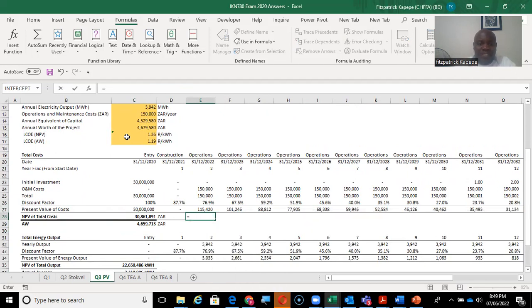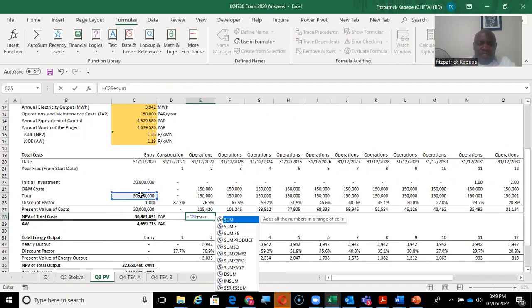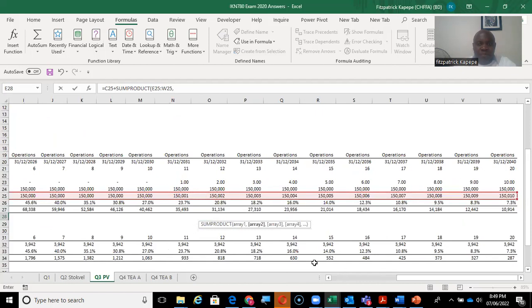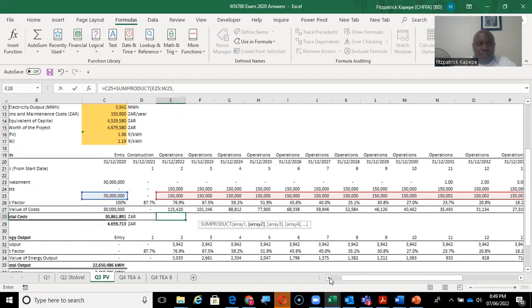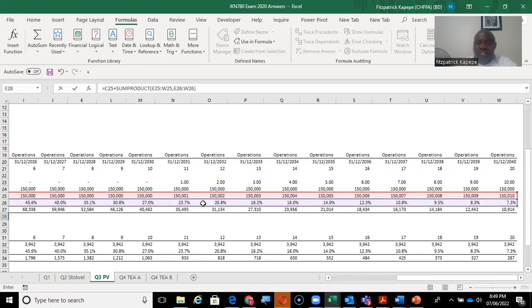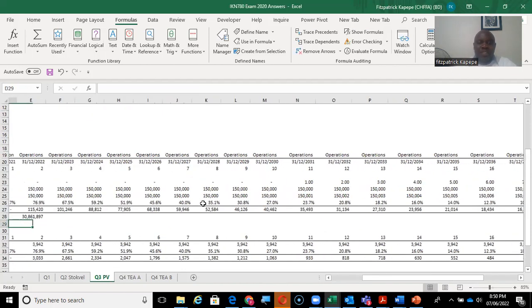You pick your 30 there, plus SUMPRODUCT, meaning that you don't do your computation down there because you may just waste a lot of time. So you pick these numbers up to there, comma. You come here and pick those numbers there and press enter. That's it. You get the same number.